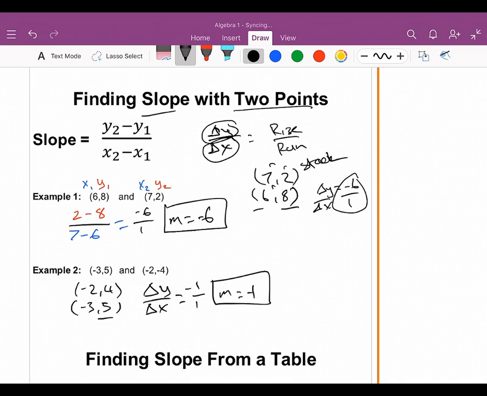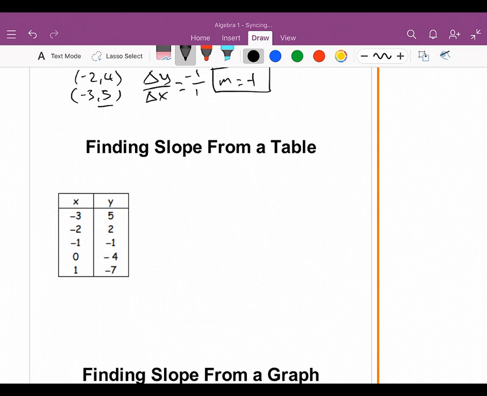Okay? Now from a table, following the whole idea of slope where it's change in y over change in x, that means I can see how my y values are changing and just divide it by how my x values are changing. Alright, so how are the y values changing? Well, 5 to 2, I would have to subtract 3. 2 to negative 1, I would have to subtract 3.